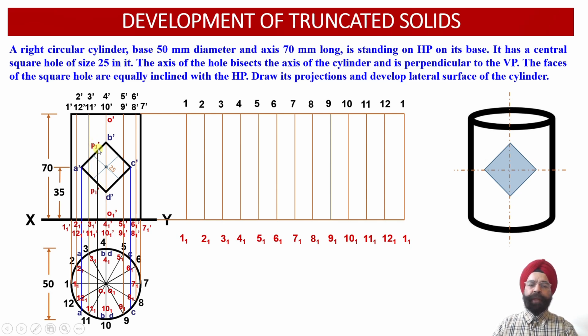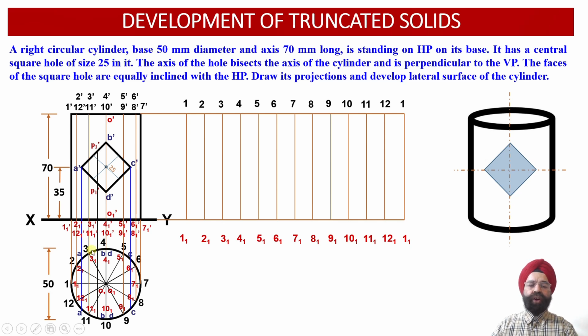So once we obtain these 2 points as P1 dash, the vertical projector drawn through P1 dash into the top view projections will facilitate us to locate these 2 points onto the circumference.